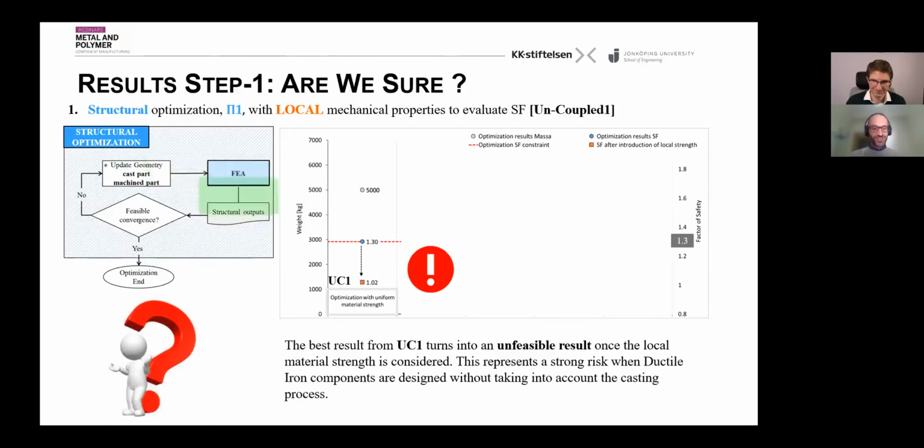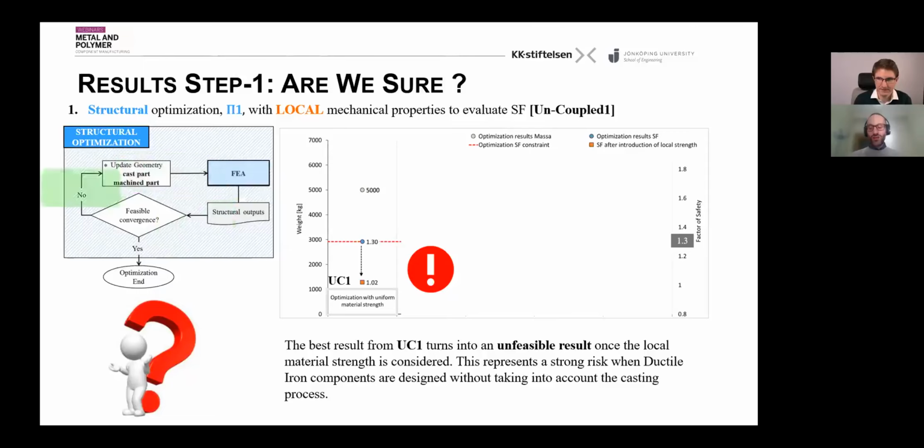Second stop. So if I start just to clarify the last point here, if you assumed homogeneous material behavior, you would have a safety factor of 1.3. Exactly. But when you considered the local material variations, you could see that you were really at a factor of 1.02, right? Yeah, because the optimization was driven by a homogeneous material. So that was, let me say, the mistake that we did.